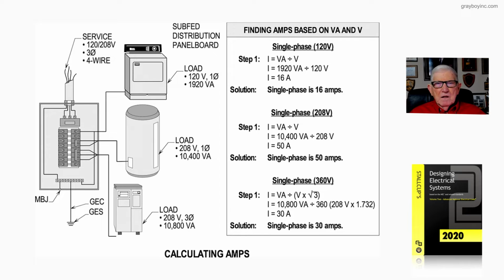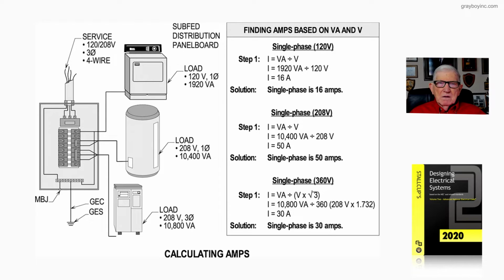Figure 15-1 from Stallcup's Electrical Design Book, Volume 2, deals with calculating amps of loads. For example, look at the first load at the very top, and notice the load is 120 volt single phase, 1,920 volt amps.